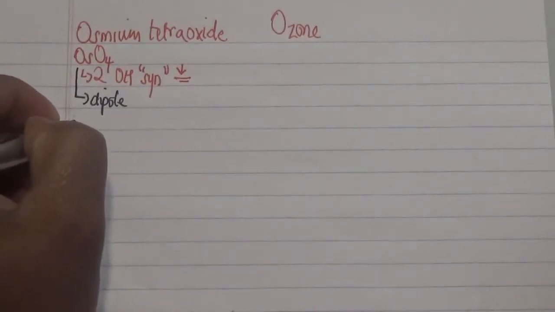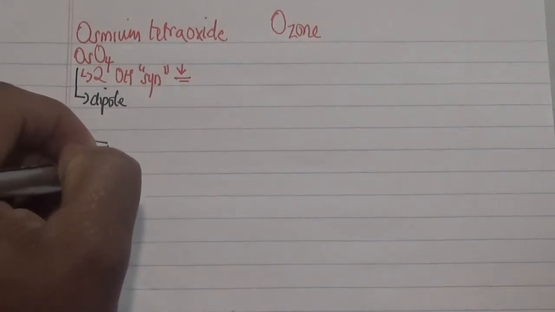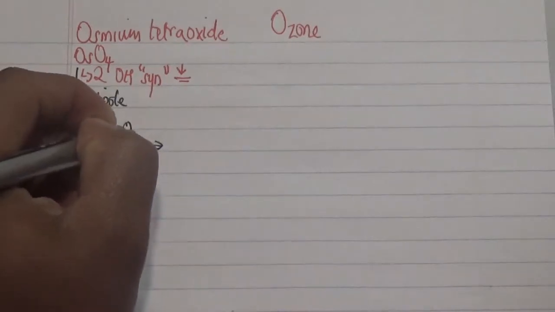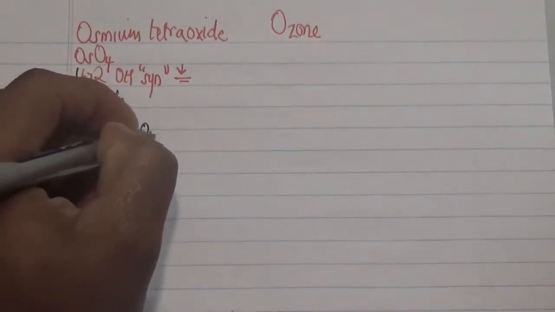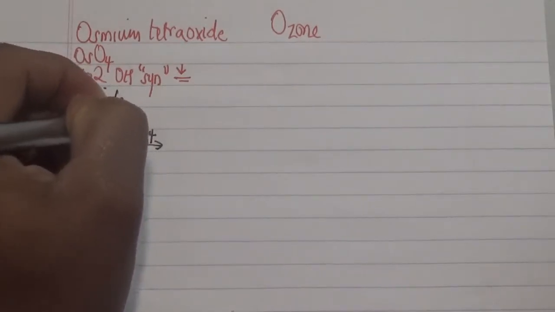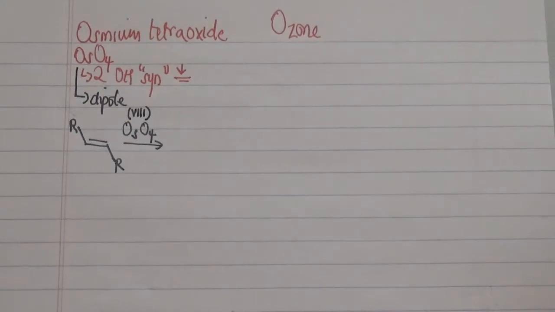We have a reagent which is in a trans state and is being subjected to osmium tetroxide. This osmium has an oxidation number of 8, and we'll see how it changes its oxidation state as it moves into future reaction steps.